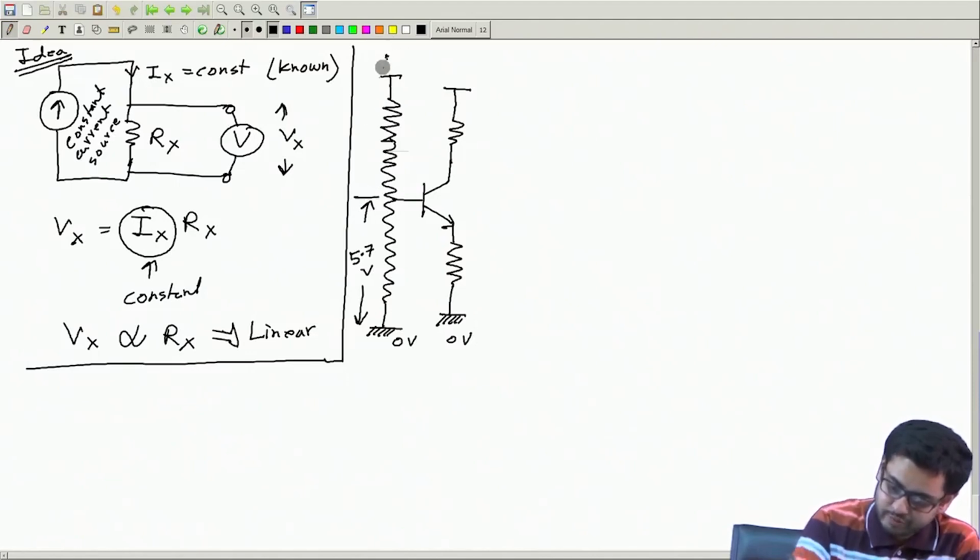So then this 5.7 plus 9.3 will actually be 15 volt. So I actually calculated 15 first, and then 15 minus 5.7 is 9.3 volt.